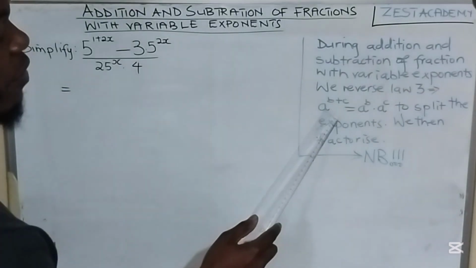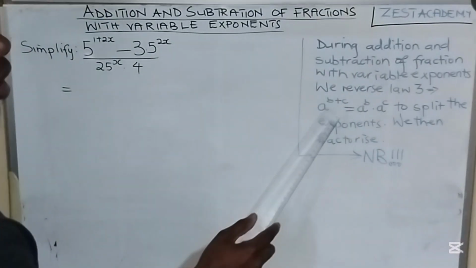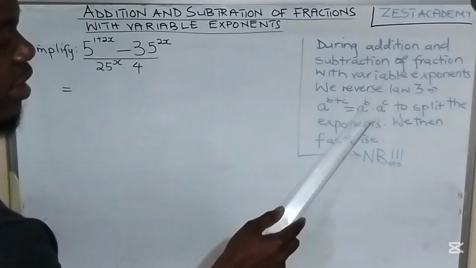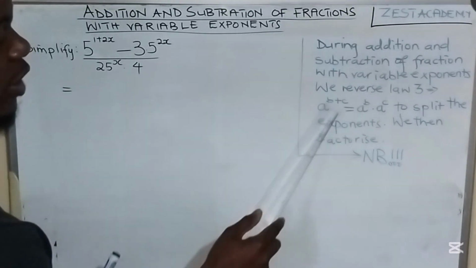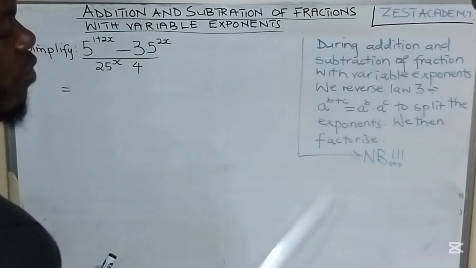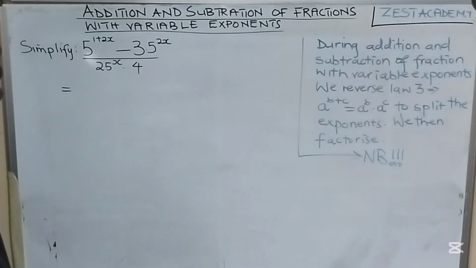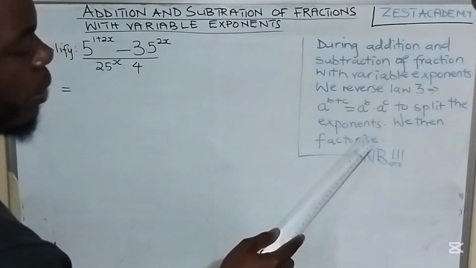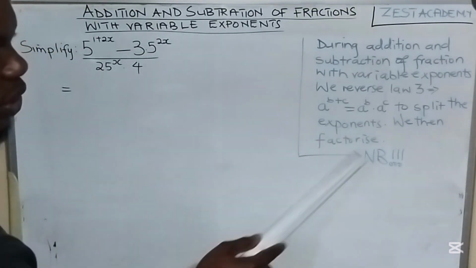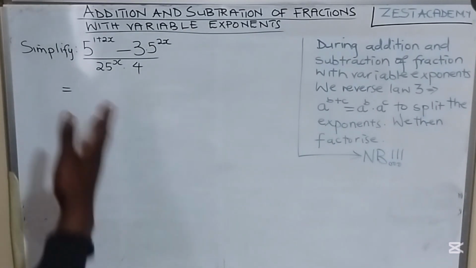Remember, if you have a to the power of b plus c, we can rewrite this as a to the power of b times a to the power of c. Vice versa, we can do that. So we use this to split the exponent. We then factorize after that. Right, so let's apply law number 3 in reverse to solve this.